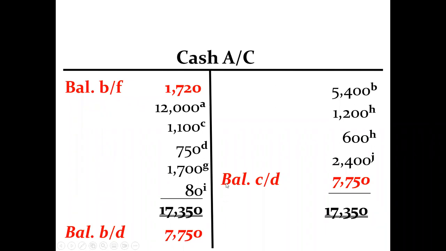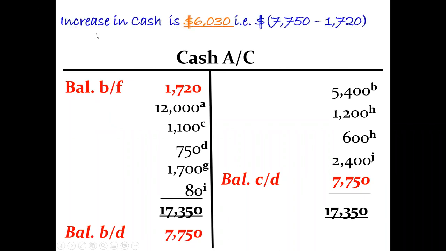So there is an increase in cash. What is that increase? 6,030. So this statement of cash flows, guys, is supposed to explain to us what caused this increase of 6,030 in cash.